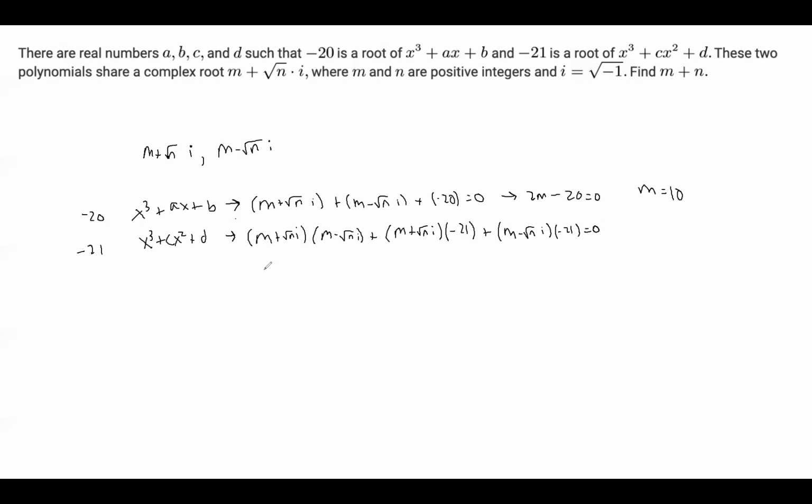Multiplying this out, we end up with m squared plus n plus -21 times the sum of m plus root n i and m minus root n i, equals 0. Or, since m is 10, 100 plus n minus 21 times 2 times 10 equals 0.